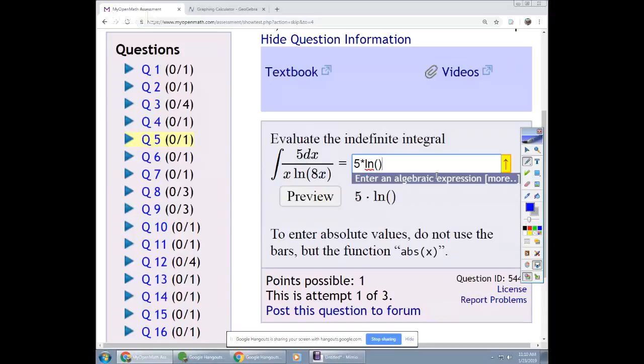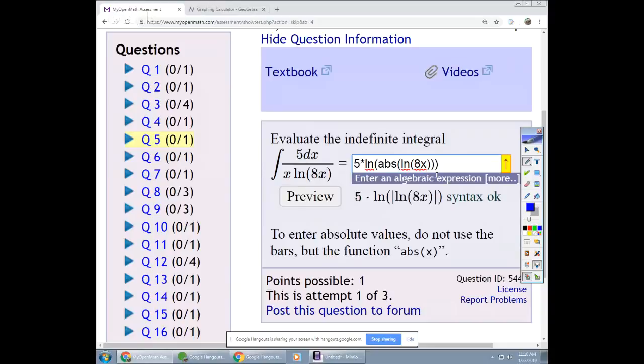I like to start and close my parentheses and then go in between them, so I know where they end. So then in there, I have abs for absolute value, parentheses. Inside the absolute value goes ln, parentheses, and inside the ln goes 8x. And I also noticed that some of these ask for a plus c and some of them do not, which I've got to fix later.